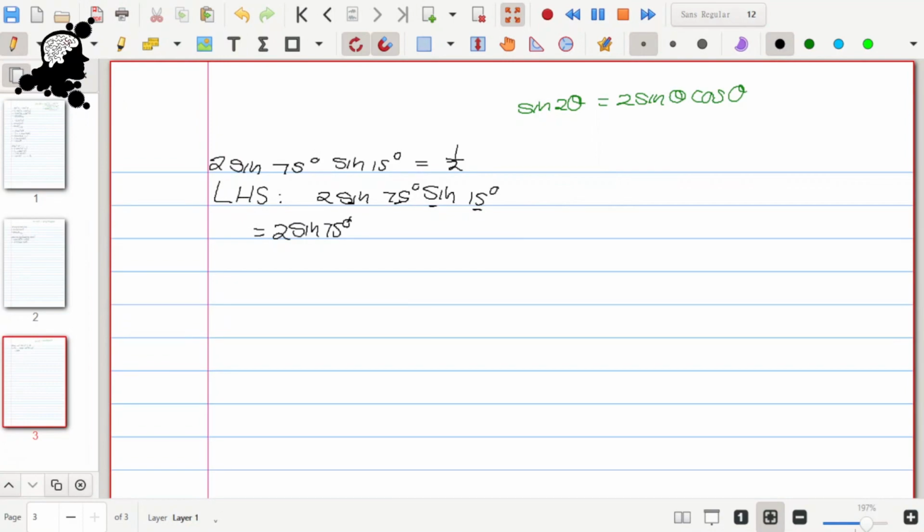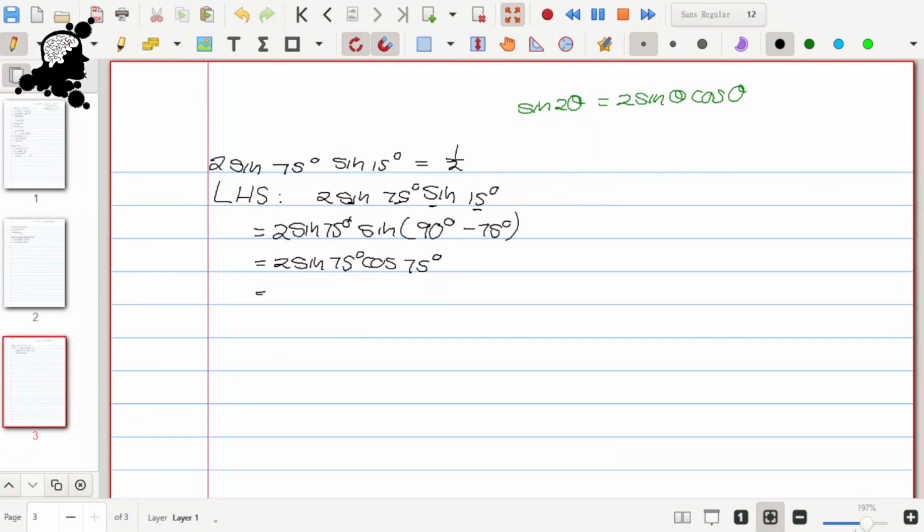For sine of 15, let's make the angles equal. So 15 degrees is the same as 90 degrees minus 75 degrees. This is going to be 2 sine of 75 degrees. From reduction, we remember that sine of 90 minus is in the first quadrant, where all trig ratios are positive. But because we are dealing with 90 and 270, the ratio changes to cos. So we've got cos of 75 degrees.